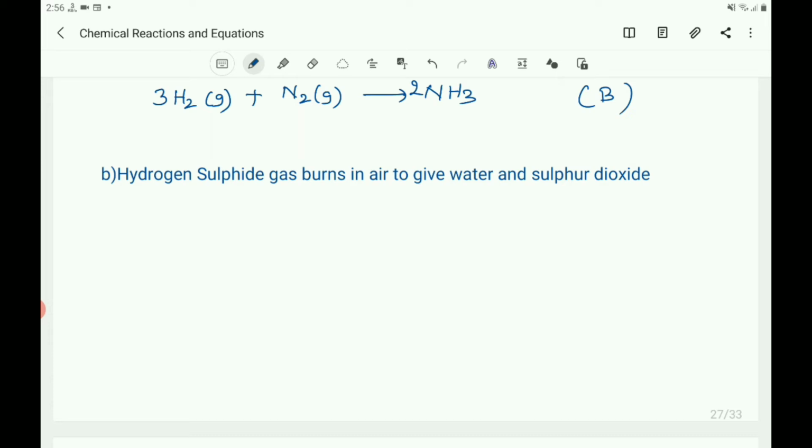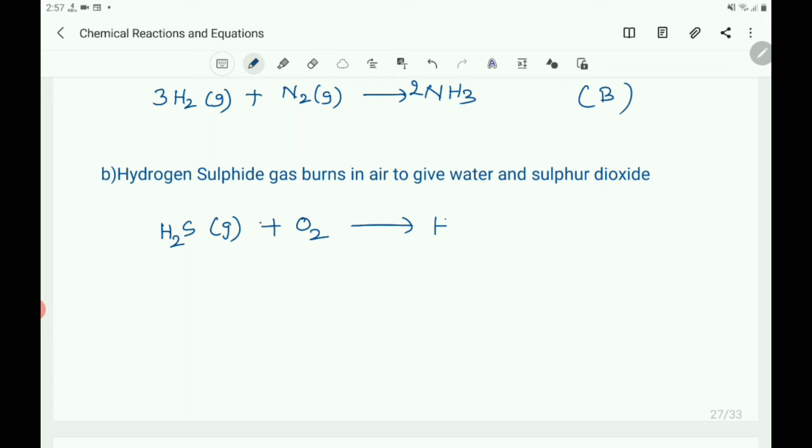Then what is the molecular formula of hydrogen sulfide? That is H2S. It is said that the gas hydrogen sulfide burns in air, that is oxygen, to give water and sulfur dioxide. Water is H2O.